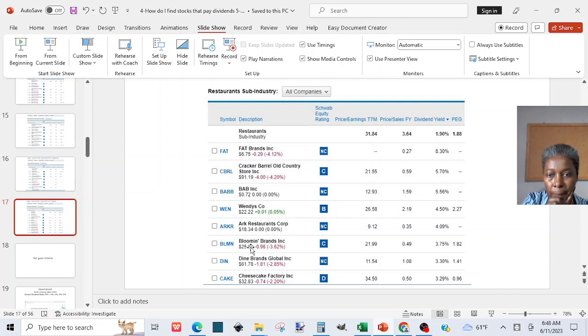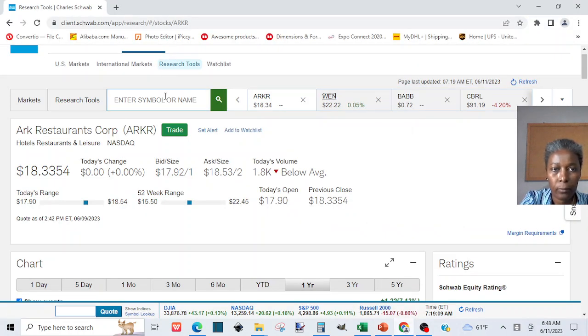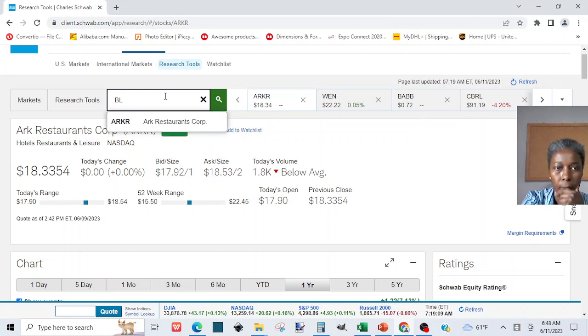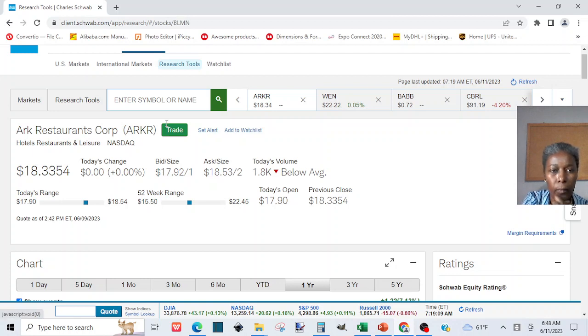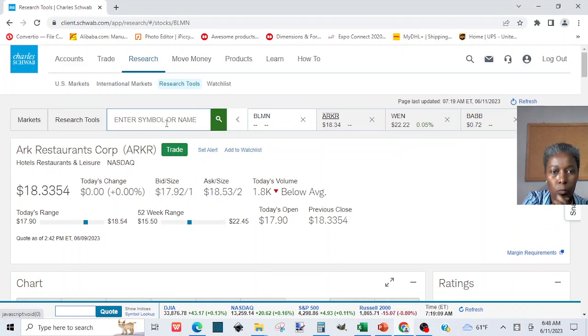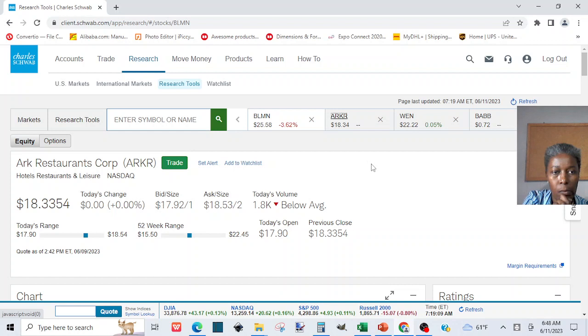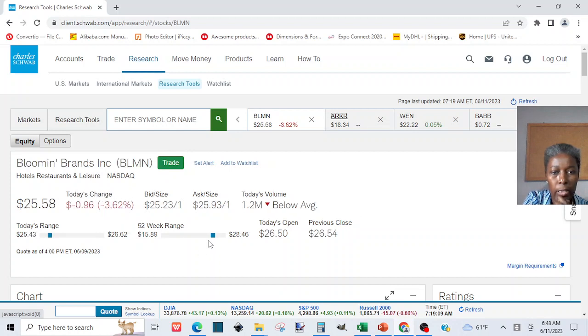It will be Bloomin' Brands, BLMN. And it is close to the 52 weeks high.